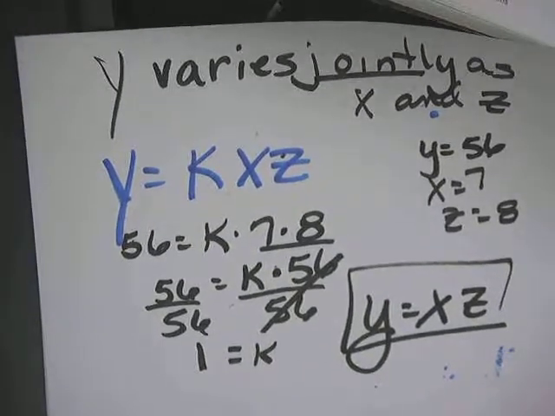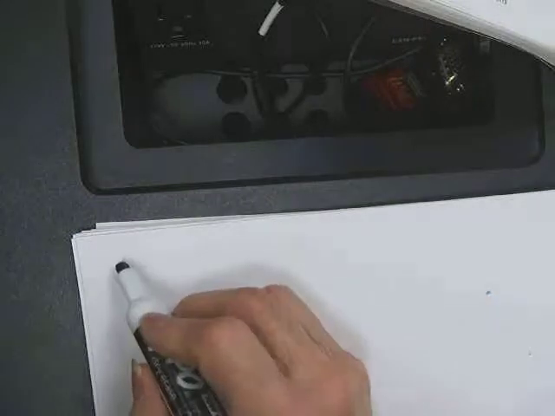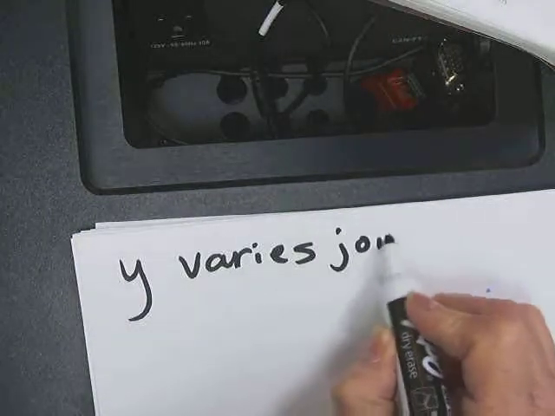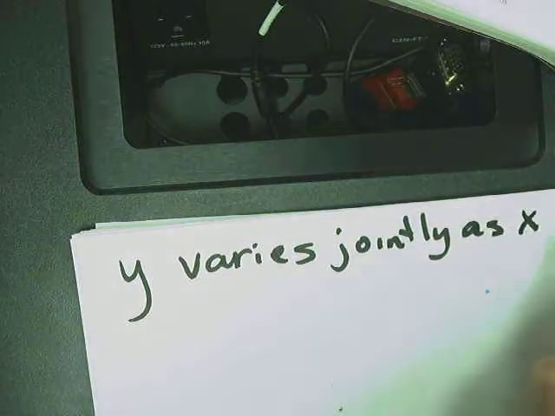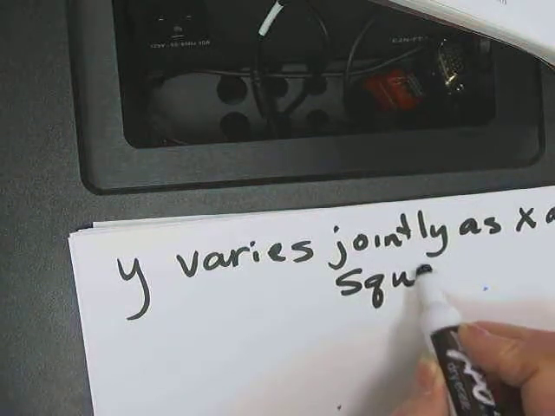Seven times 8 is 56. Divide by 56, K is 1. So you don't actually have to write the 1, just put XZ.